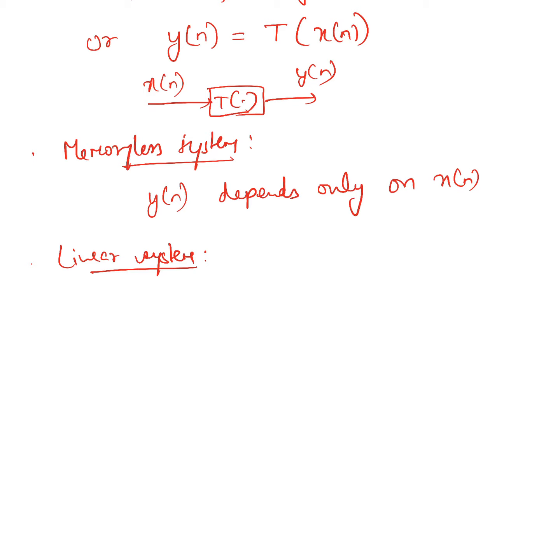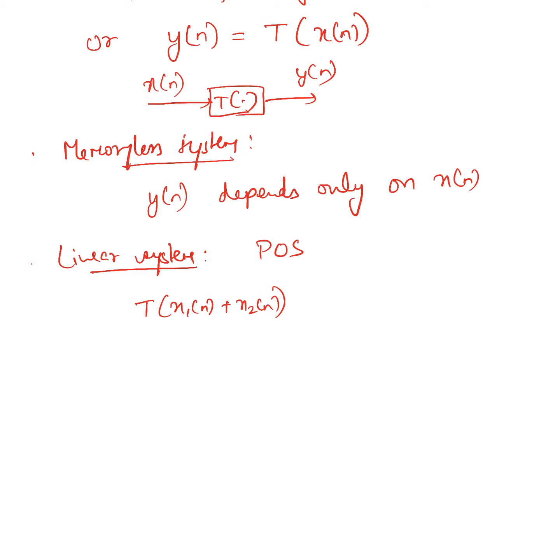in the sense of linear systems, where the operator T has to satisfy the principle of superposition, which says that if I apply the summation of two different inputs, let's say x1 of n plus x2 of n, then the output should be the summation of the respective outputs for x1 and x2 respectively.